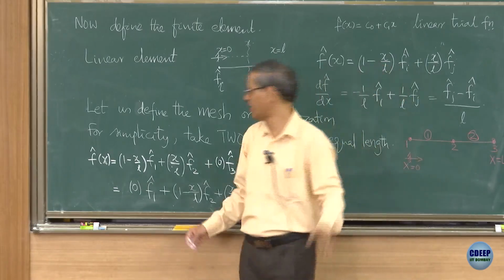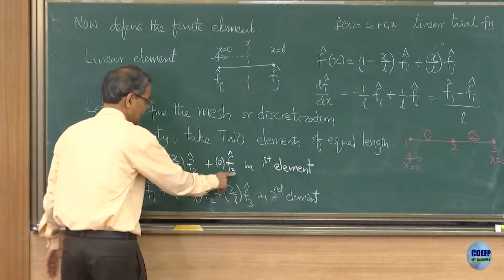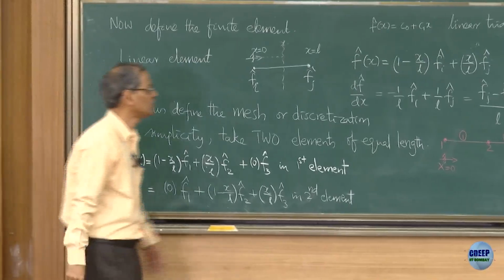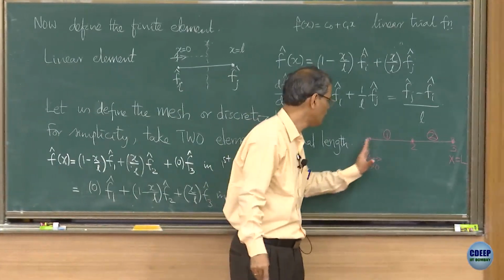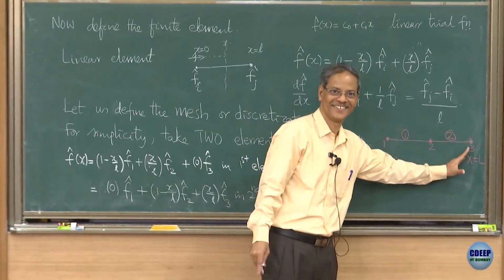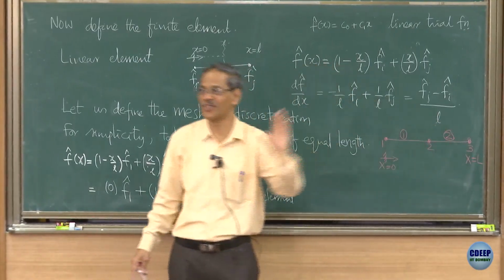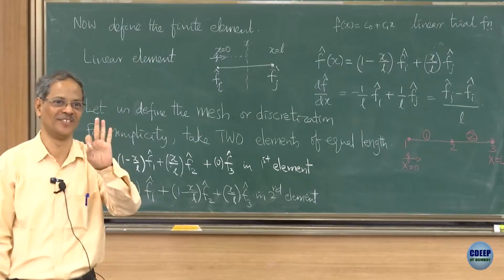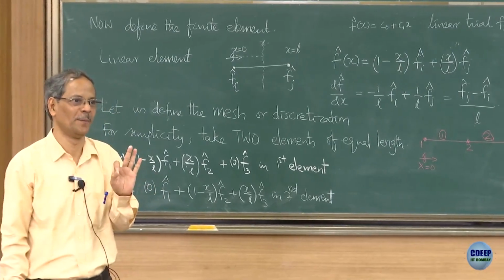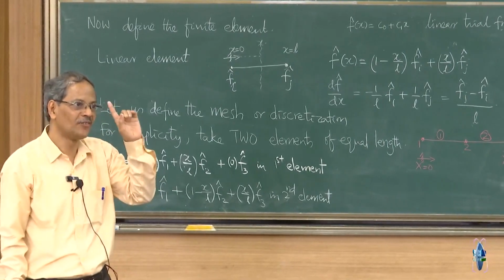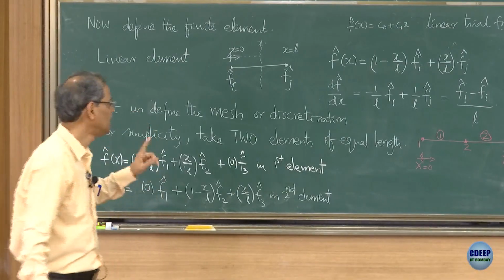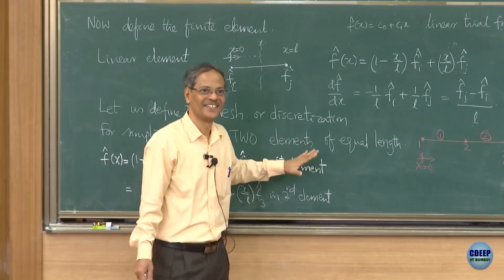I don't know these values f1, f2, f3. I need to find them. For a 2 element mesh, I need to find 3 values f1, f2, f3. That means how many equations do I need to generate? 3 equations, because I have 3 unknowns. From that one single differential equation, I am going to now try to get 3 algebraic equations.